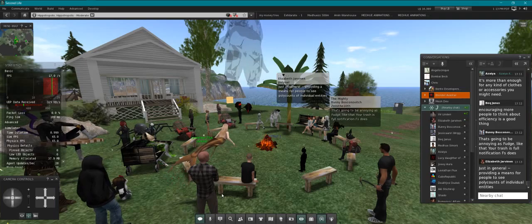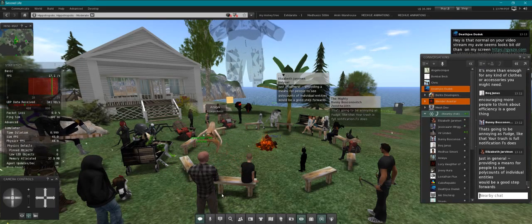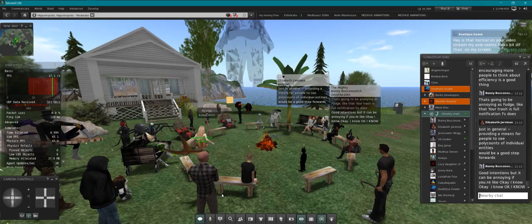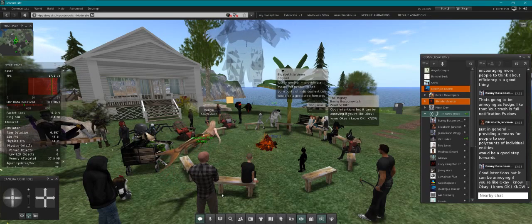There's a question about seeing poly counts of individual entities. We don't have any LSL capabilities for that currently.